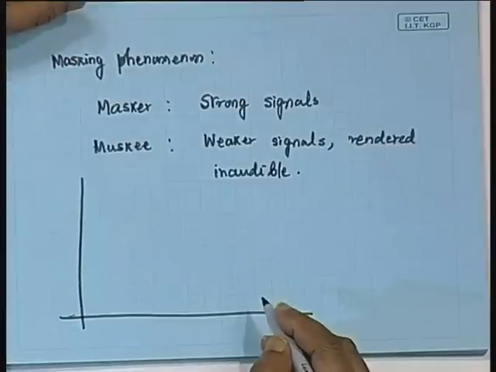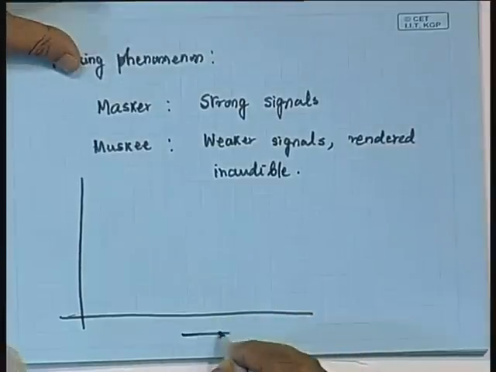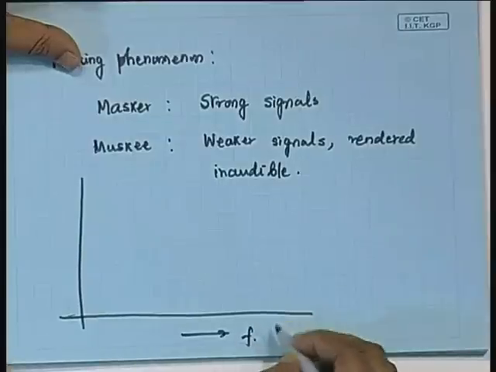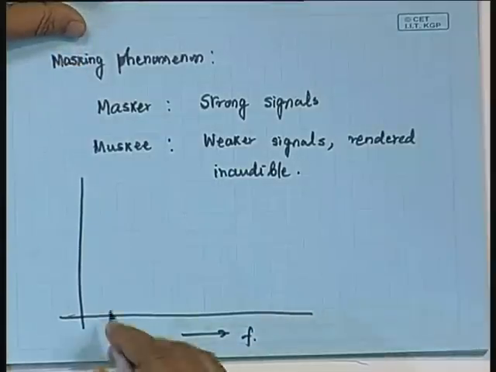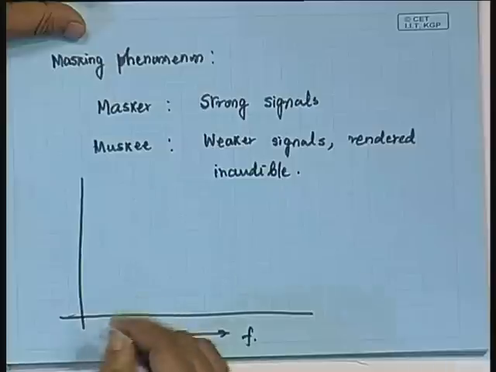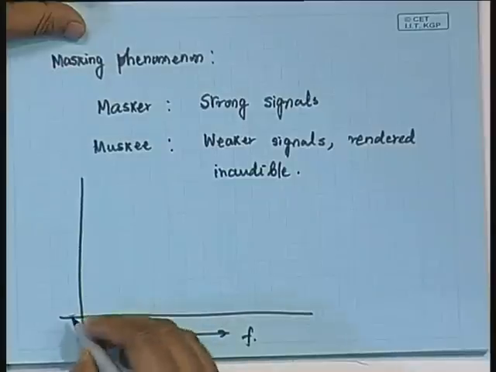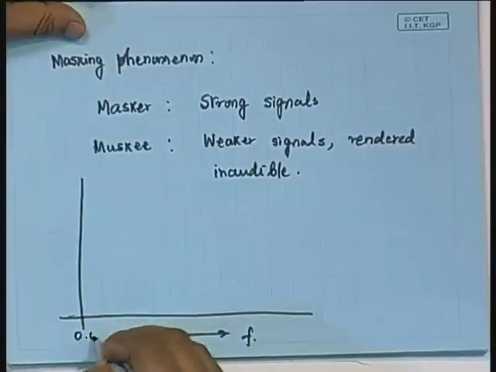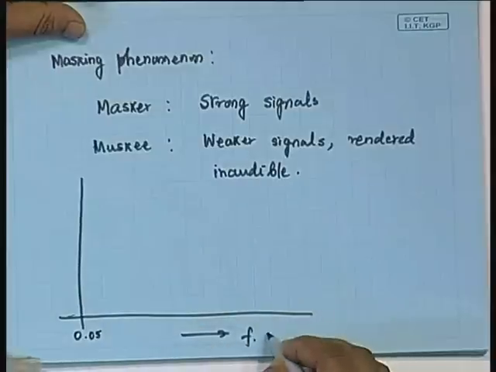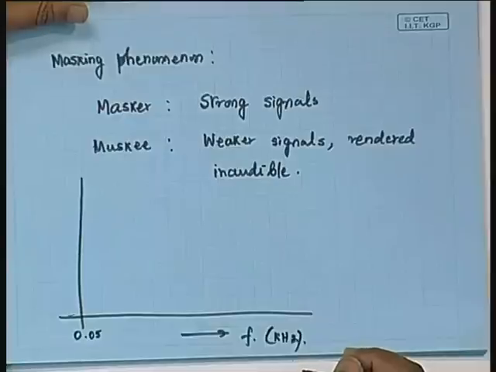If this is the axis we take for frequency, on the left hand side we consider the very low frequencies, and all the frequencies I am plotting in the kilohertz range. So 0.05 kilohertz means roughly 50 hertz.